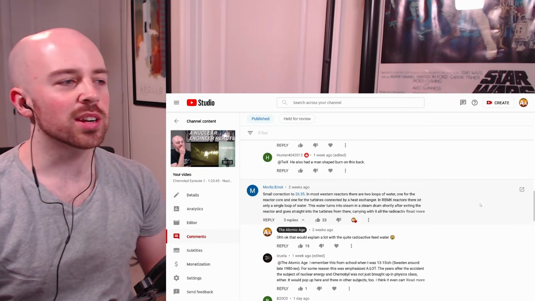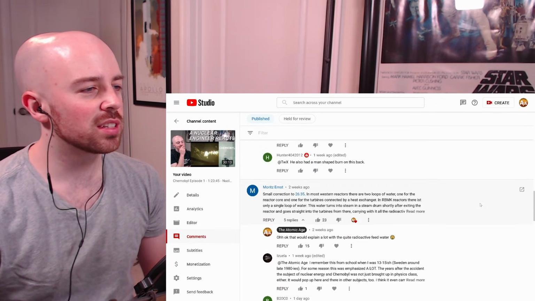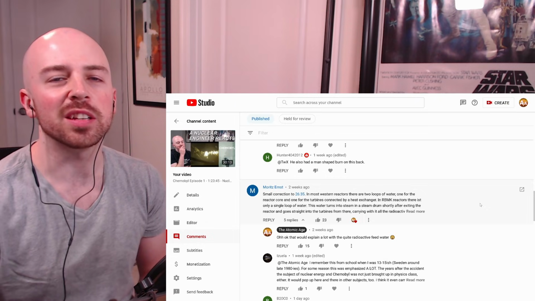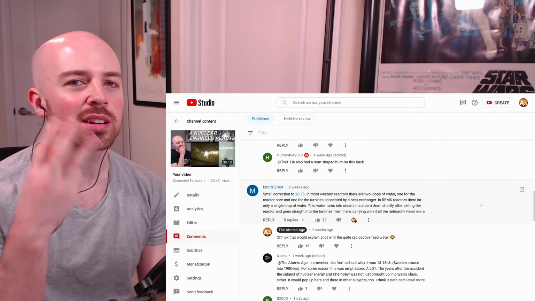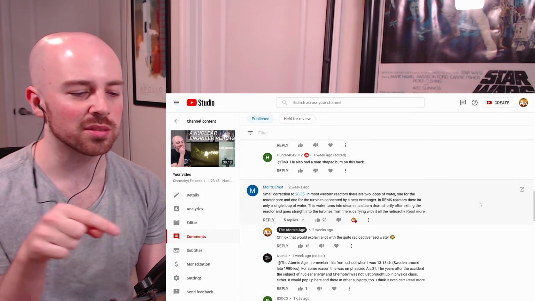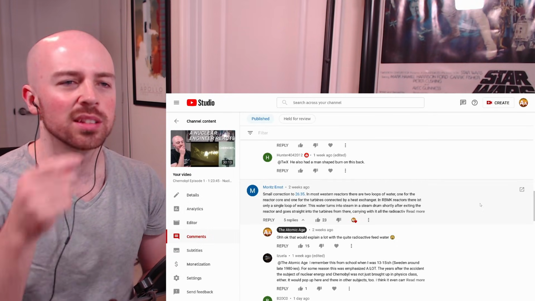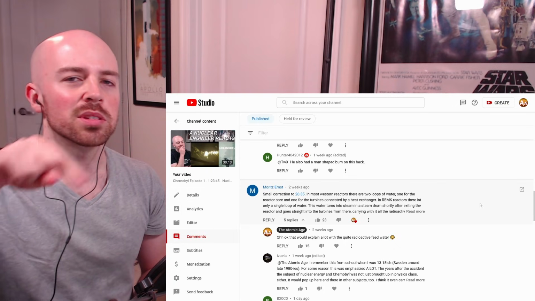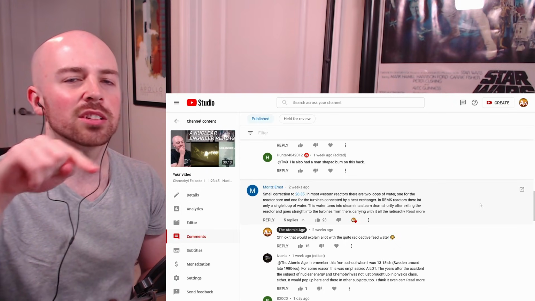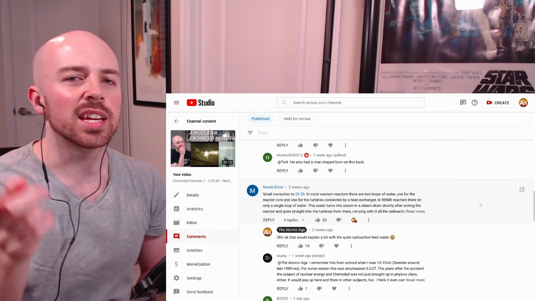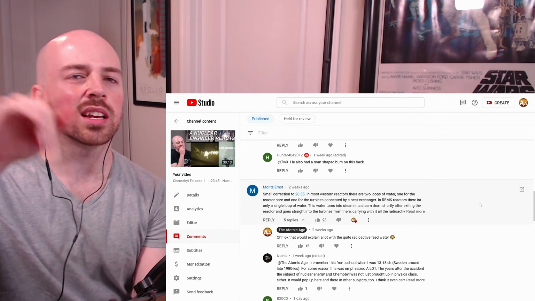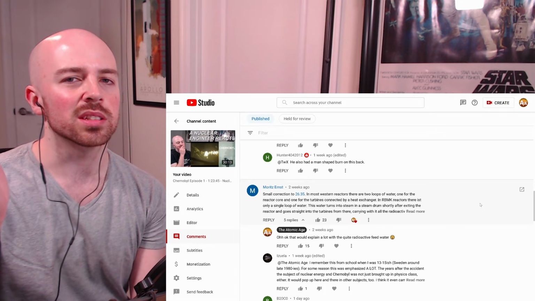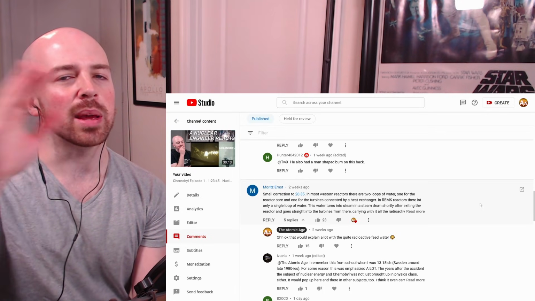All right, so this first correction comes here from Moritz Ernst. A small correction about my feedwater explanation. So I said that an RBMK reactor has three loops. So in a pressurized water reactor, you have 3 loops. The first loop is the primary loop. That's with the reactor water. That goes to a heat exchanger, also known as a steam generator. And that transfers heat to the second loop, which then turns that water into steam, which is then expanded through a turbine.